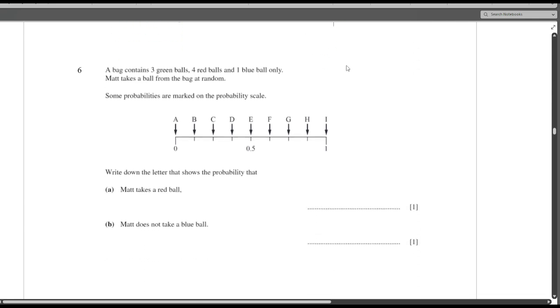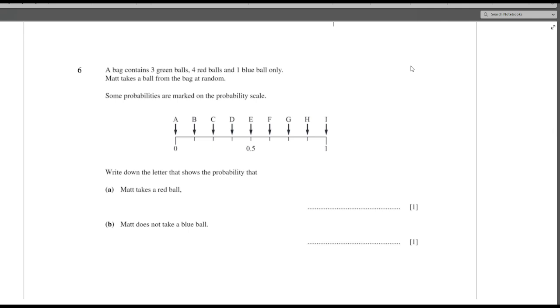Now the sixth question is, a bag contains 3 green balls, 4 red balls and 1 blue ball only. Matt takes a ball from the bag at random. Some probabilities are marked on the probability scale. Write down the letter that shows the probability that Matt takes a red ball.